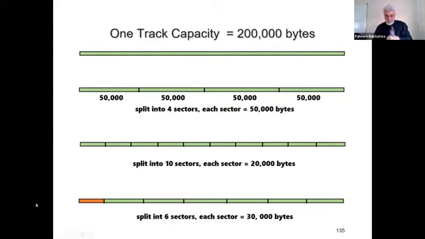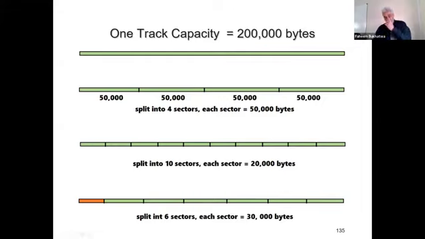But imagine if I said, split this into 6 sectors. If we format it and we say, split this into 6 sectors, that means every track we're going to divide into 6 portions. You can never have 6 equal parts of 200,000.